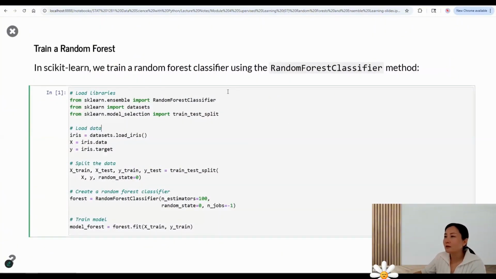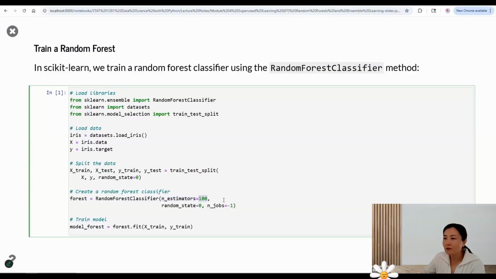But let's see how to construct a random forest. It's quite simple. We will consider a classifier for now. Import the random forest classifier, and then we still use the iris dataset. We load all of the X variables, split the data, and build our first random forest. n_estimators is the number of trees in the forest.